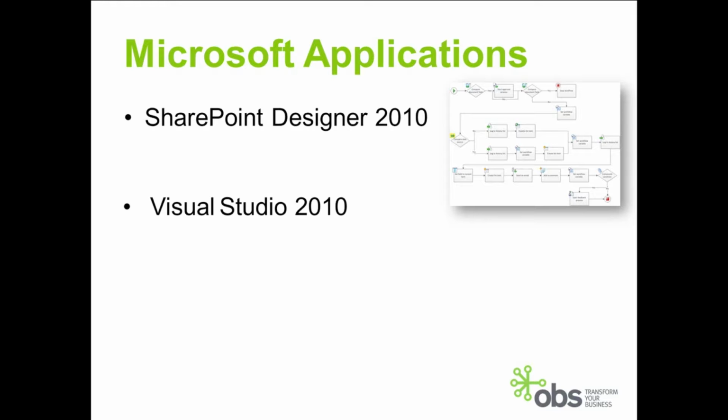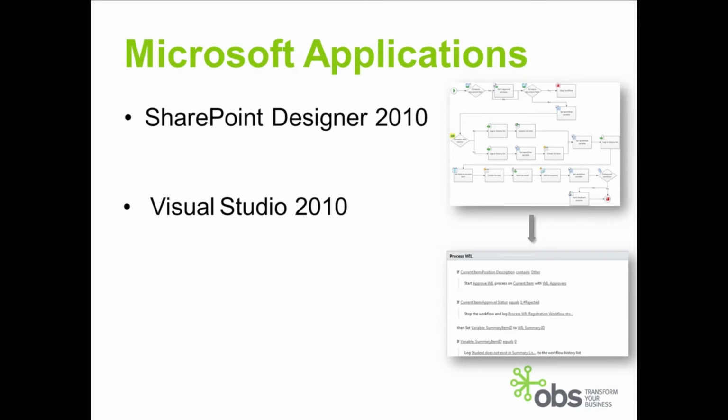And when we imported that into SharePoint Designer, we got, this is just a very small part of it, a framework that then allowed us to make sure that the logic was in the right order, and also then add in all of the different pieces of information that we need to look up, such as looking up different lists and logging entries to a history list and all of those kind of things.